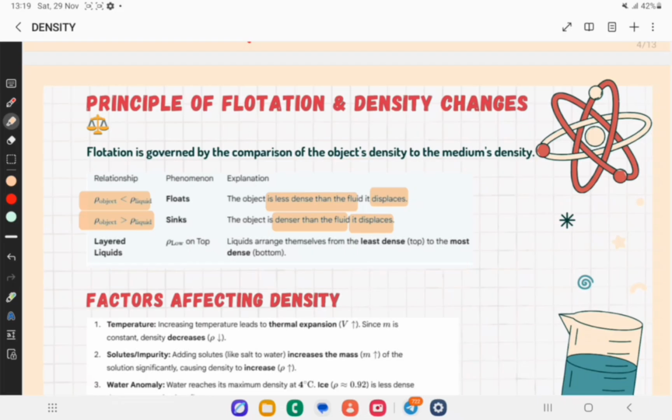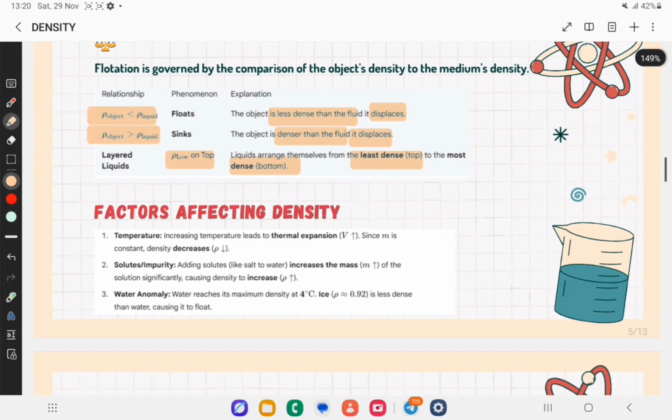For layered liquids, we have low density on top. Liquids will arrange themselves from the least dense to the most dense, from the top to the bottom. This is the same case that we already discussed just now.